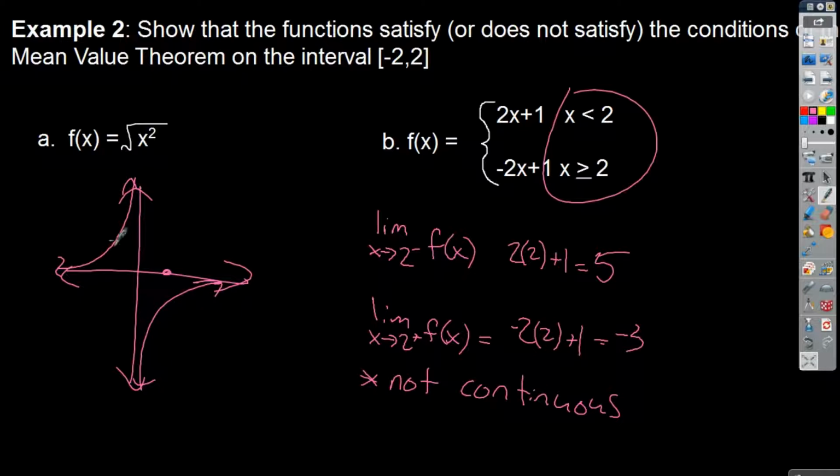But if I consider these 2 points here, it will have a negative slope. Since it's not continuous, it breaks the rules of the mean value theorem. Even though I can pick 2 points on the graph, since it's not continuous, these 2 points have a negative slope, even though the slope everywhere on the graph is positive.